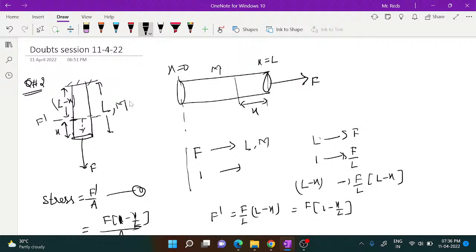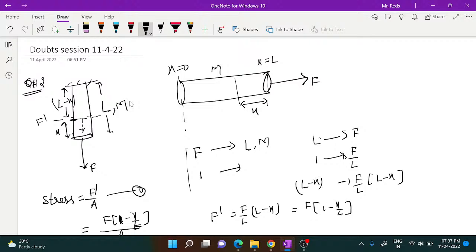From here, what is the length of this part, you should know. If this is x, this is L, then L minus x is the length of the above part. So force on unit length is F by L. Force on L minus x length is F by L into L minus x. That is our force acting here, F dash.